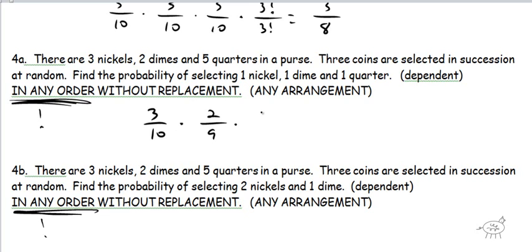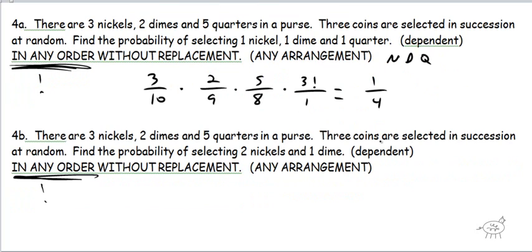And then there are quarters, so it's 5 out of 8. Okay, and again, this is in any order, so you should write down nickel, dime, quarter. How many ways to arrange nickel, dime, quarter? Well, there are 3 letters. There's no repeats. I multiply all that out, I get 1/4.